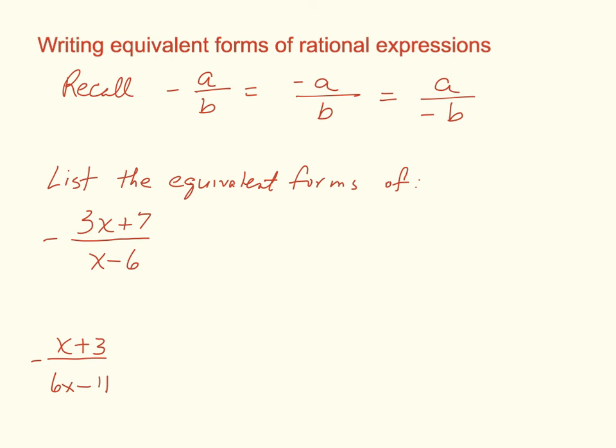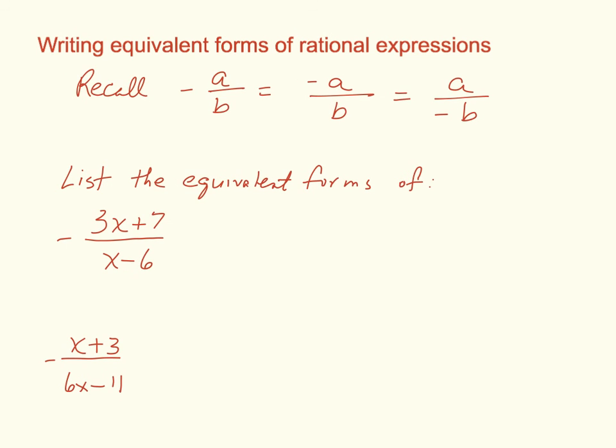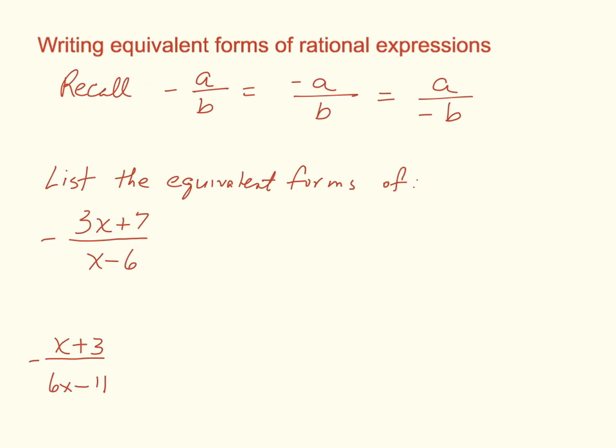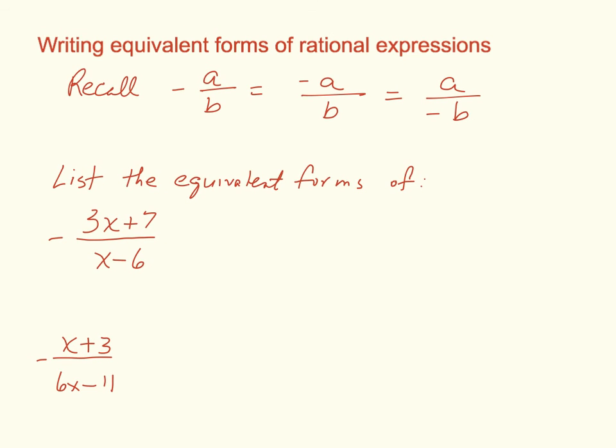Negative, or the opposite of 3x plus 7 over x minus 6. I can take that negative sign and say I'm going to put it with the whole numerator. But because the numerator is married, the two terms are married, I have to include the parentheses.